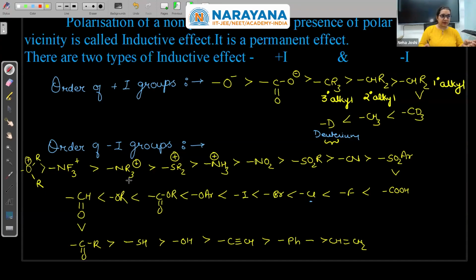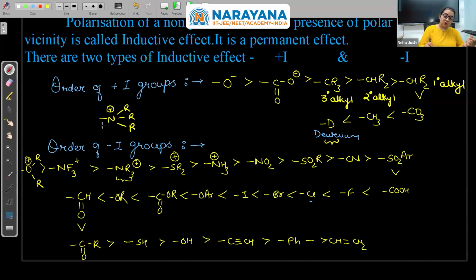See, R is there, but the R is acting as hydrophobic. Overall, R is hydrophobic. As a result, this overall cannot let water come close to N plus.